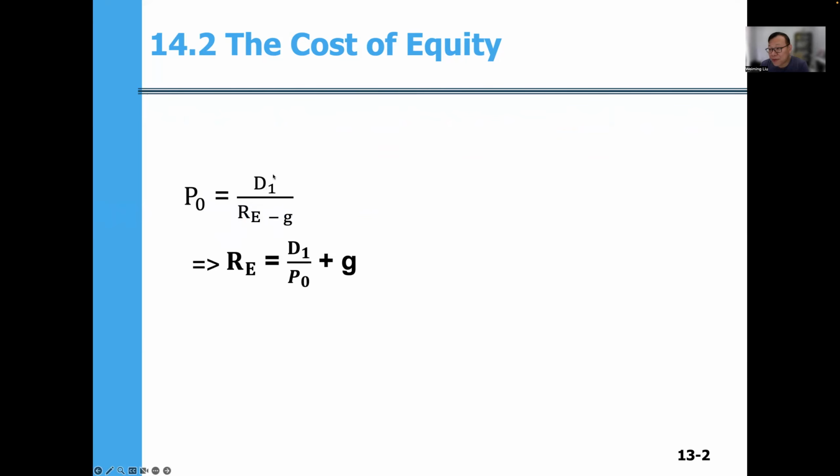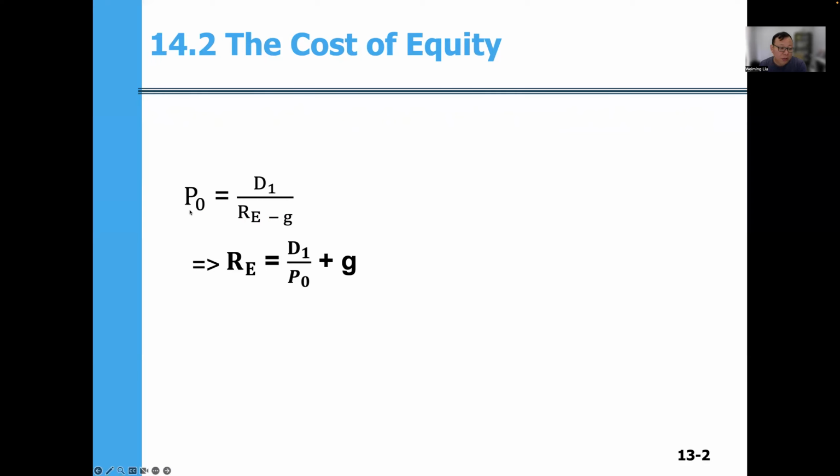If you still remember in the previous chapters, we have learned about the relationship between stock price and the dividend and the returns and the growth rate.